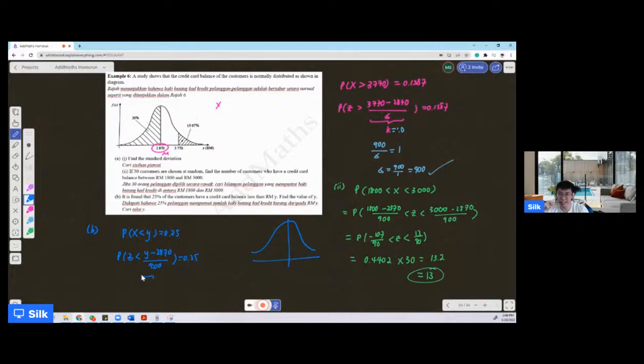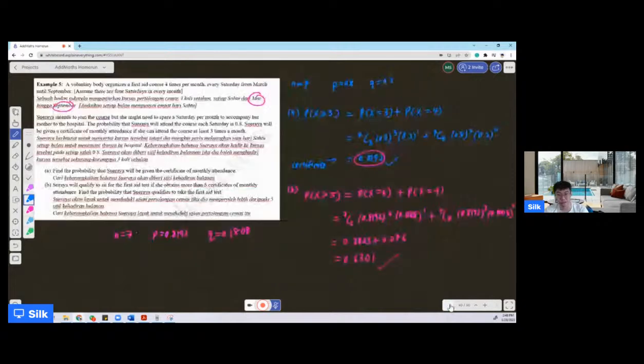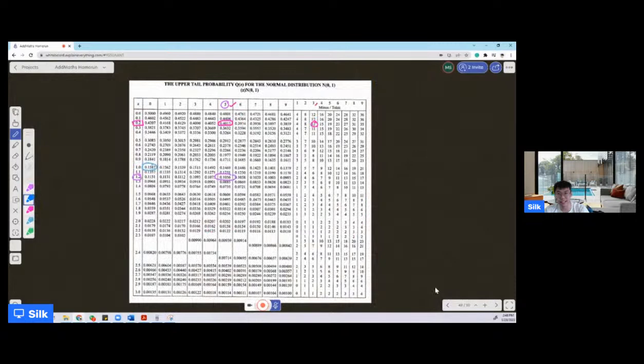Let's say this answer is equal to H. The H is here, this is the 0.25, and H is a negative value. So I need to go to the table to find 0.25. I cannot find the answer directly. Here, 2514.